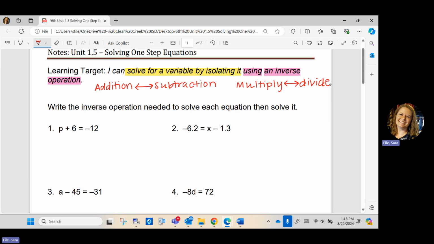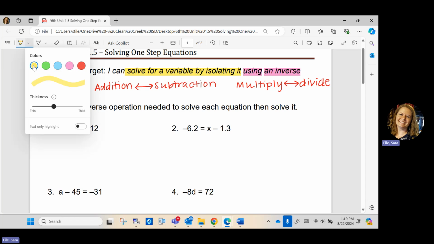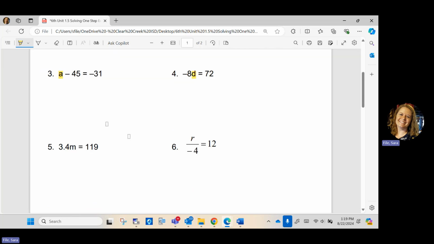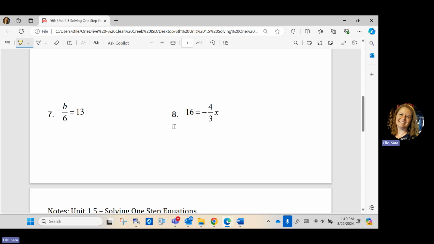term by itself. So I'm going to go ahead and highlight my variable. I'm trying to isolate the variable, the letter. That's not what I'm isolating. So I'm going to try to get the letter by itself, and to do that, I'm going to do the opposite operation. Depending on the setup of the problem, that may be adding, subtracting, multiplying, or dividing.